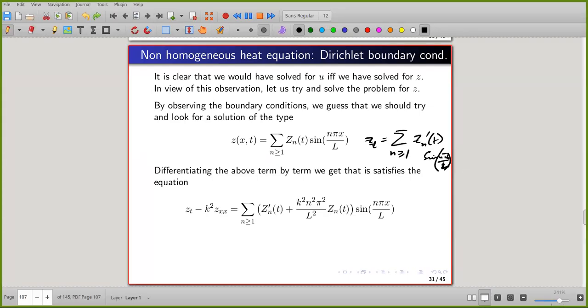Similarly we compute z_xx, and this is going to be this thing. This is just a straightforward check. There's nothing happening over here. We just differentiate.